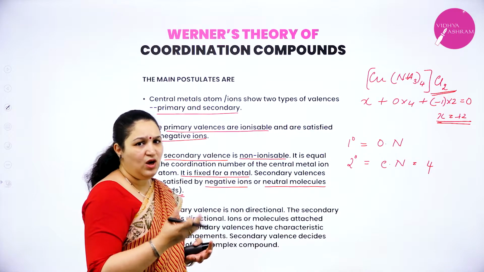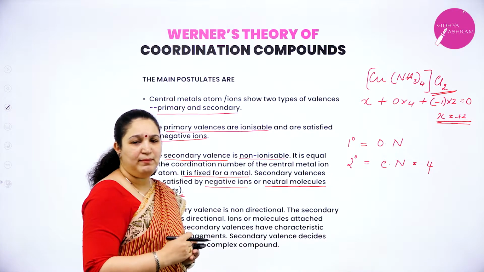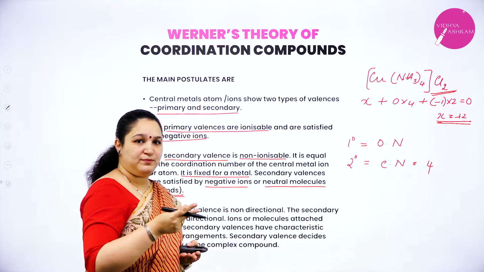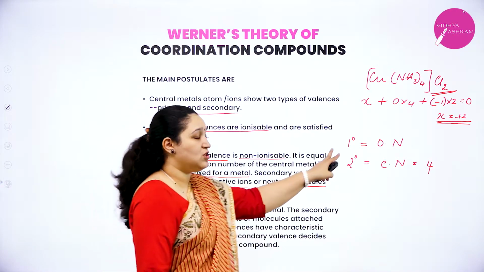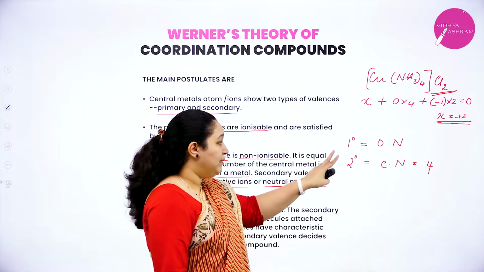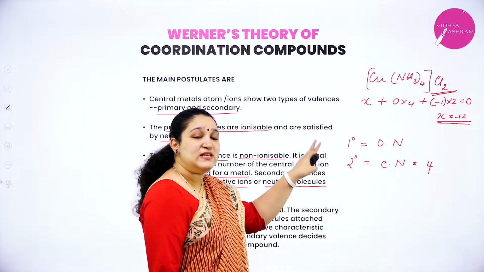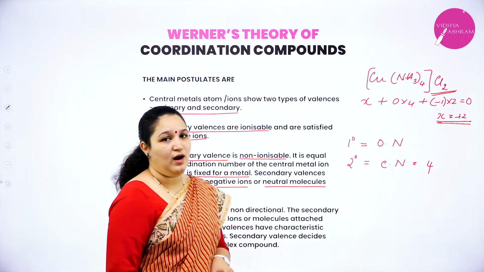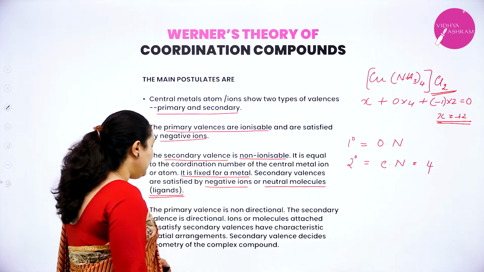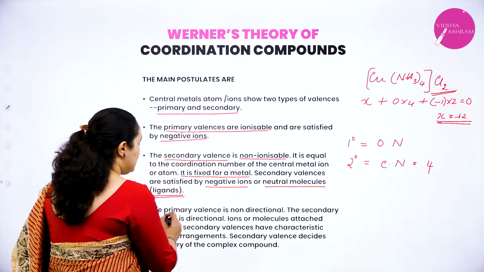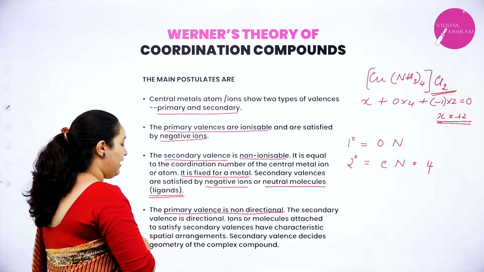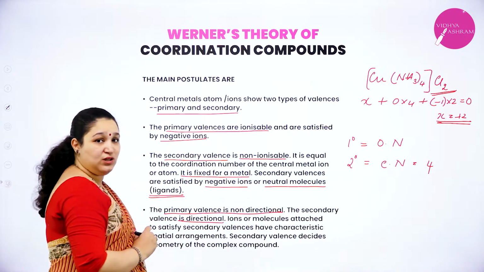That is nothing but the oxidation number of the metal, so the oxidation number of the metal can be different. So primary valency is not fixed, it is variable, but secondary valency is always fixed for a particular metal atom or ion. Next we will see primary valency is non-directional, whereas secondary valency is directional.